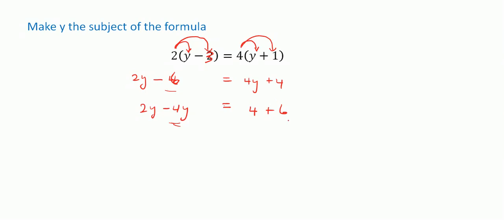So I end up with plus 6 on this side. So 2y minus 4y gives me minus 2y, and 6 plus 4 gives me 10. In order to get rid of this minus 2, I need to divide by minus 2 on both sides. So this becomes minus 2y over minus 2, which is equal to 10 over minus 2. So therefore y is equal to minus 5.